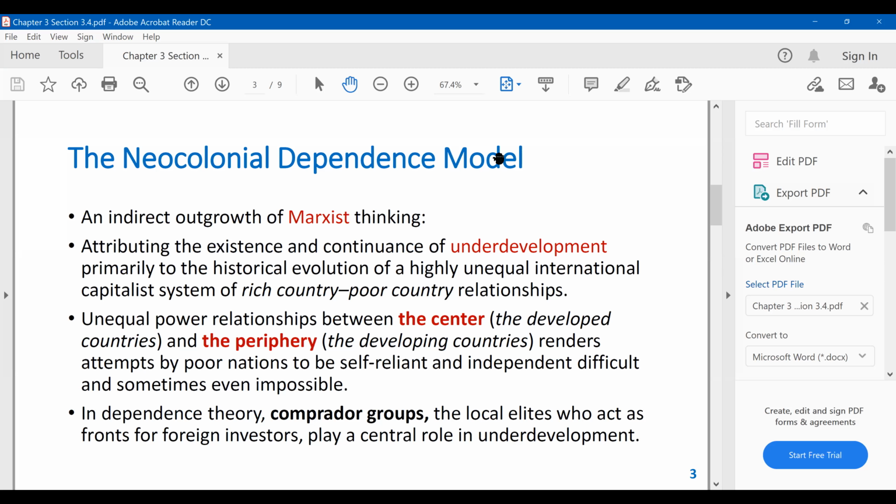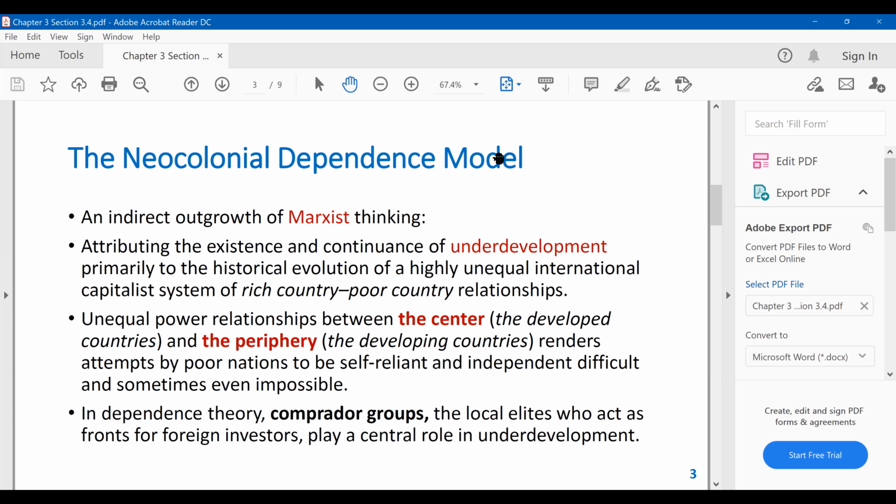So then, of course, we understand poor nations would want to be self-reliant and independent, but because of the existing power relationships, the existing trade relationships, the existing capital flow relationships, capital inflows and capital outflows, because of many other sources that we will discuss in a moment, this process of becoming self-reliant, independent and a developed country is sometimes difficult and sometimes impossible.